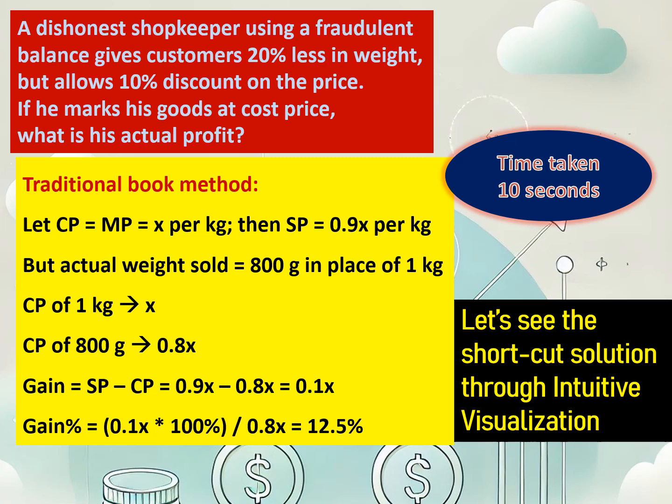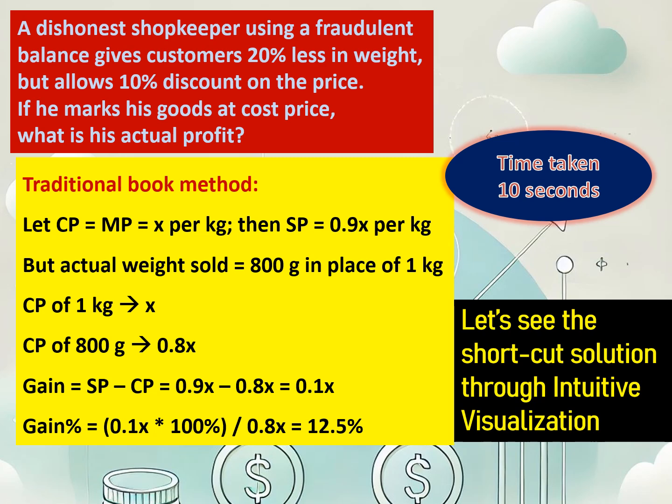Now the question is, a dishonest shopkeeper uses a fraudulent balance, gives customers 20% less in weight because his balance is faulty, but being very generous, he allows 10% discount of the price. So although he gives 10% discount, actually he is giving them 20% less in weight.